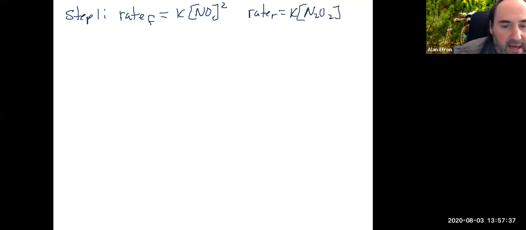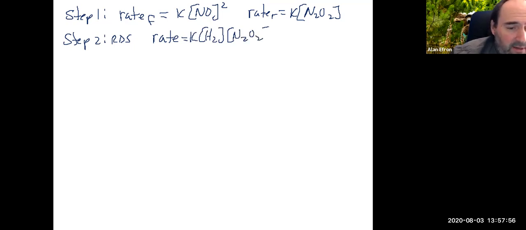We also have for step number 2, which is our slow step, the rate law that we just talked about. Just to recap our rate laws here, rate is equal to K times H2 times N2O2. We could write a rate law also for step number 3, although in this particular case, we may not need to use it.